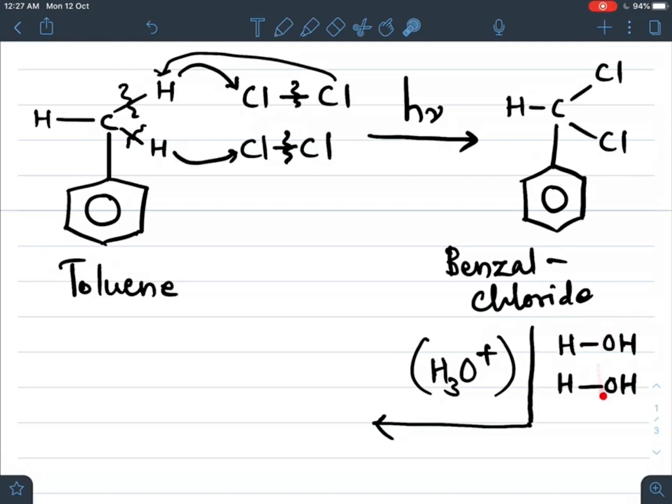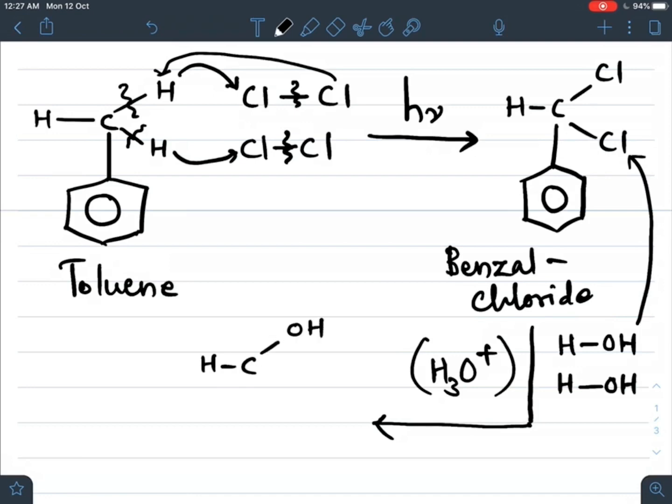During the acid hydrolysis, OH minus gets substituted at the place of the two chlorines, and these two chlorines are replaced by combining with two hydrogens. So finally we get H plus and OH minus, and two OH groups are substituted at the place of two chlorines.